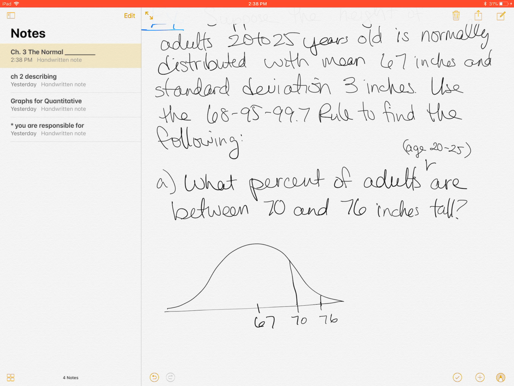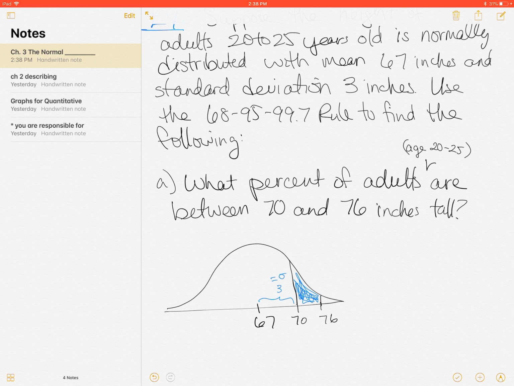What I want is this area. So let's think about how that is related to our standard deviations. 67 to 70, that's a jump of 3, or 1 sigma, 1 standard deviation.